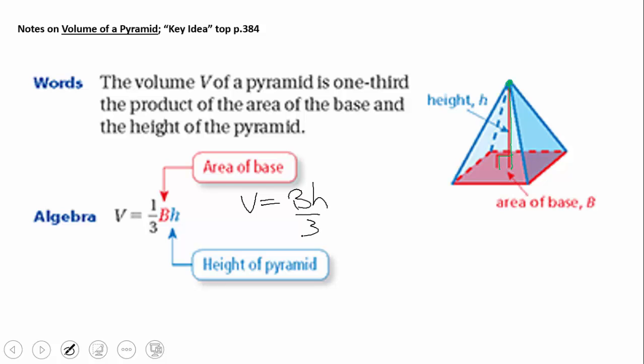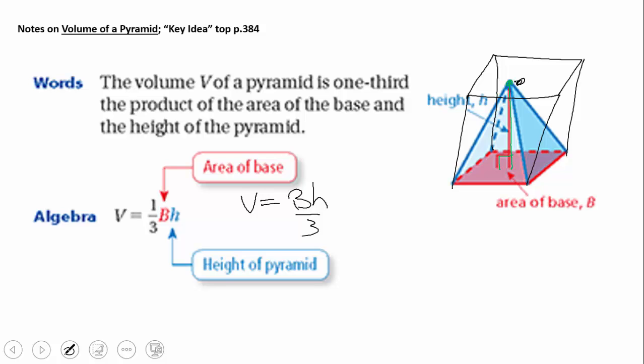Now when you think about it, that is because if I have a prism, this prism, then, and that goes right to the center or anywhere in there, and you have that height, that pyramid only takes up 1/3 of that prism.